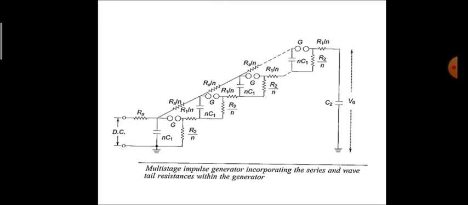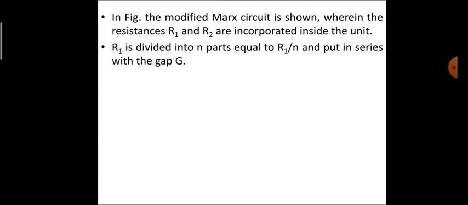So with this, in today's video we'll see what the components of a multi-stage impulse generator are. A multi-stage impulse generator requires several components for flexibility and for production of the required wave shape.